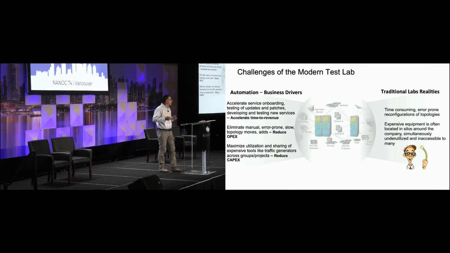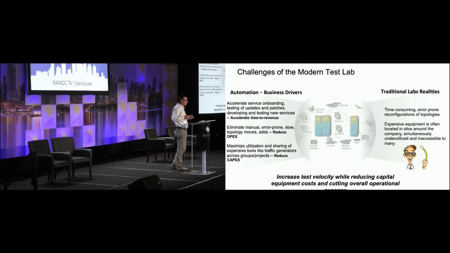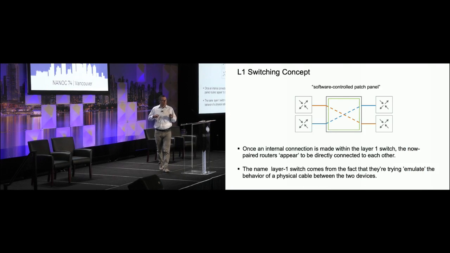Typically, very expensive traffic generators are siloed in different groups or organizations, and sharing this equipment is complex and difficult. Typically it does not happen. That's why lab automation is relevant: to increase velocity, reduce capital expense, and cut overall operational cost in the lab environment. So I want to first review the basic concept of layer 1 switching.